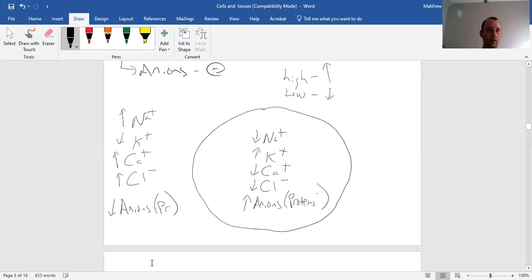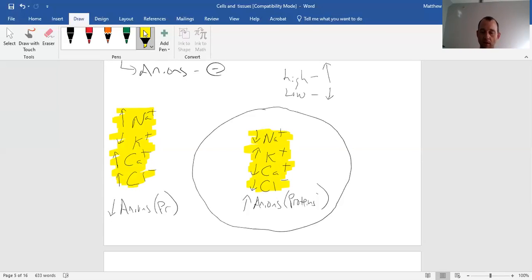Now, these ions that you're seeing here can move across the membrane. So for all intents and purposes, these and these can move across the membrane.